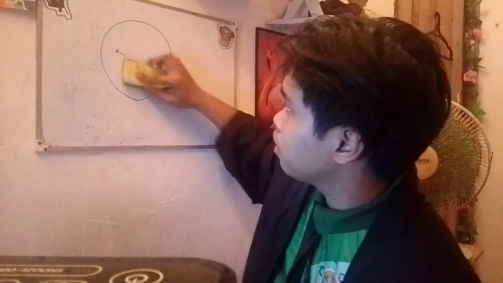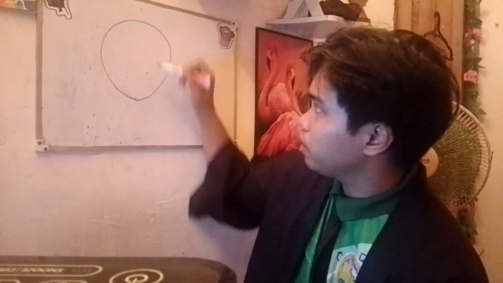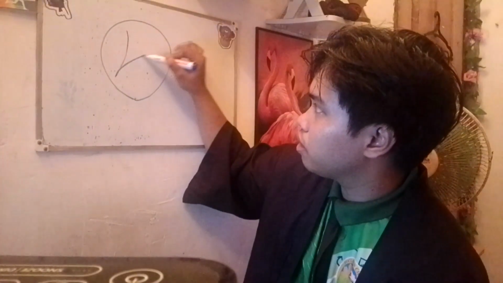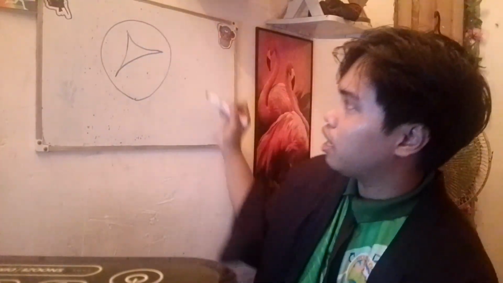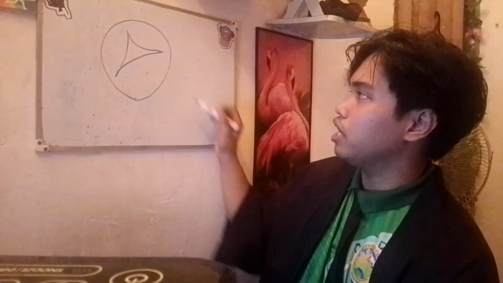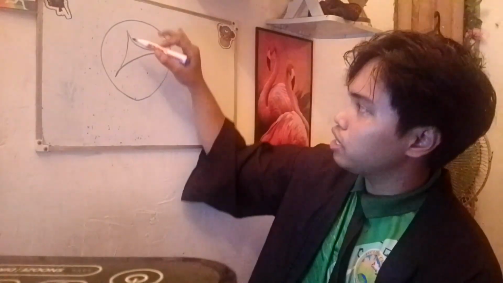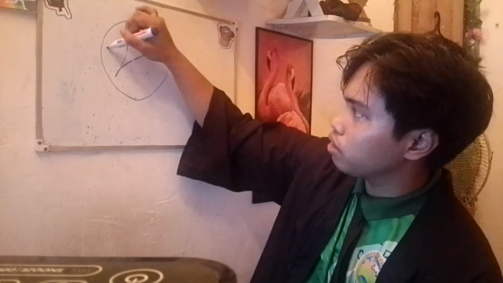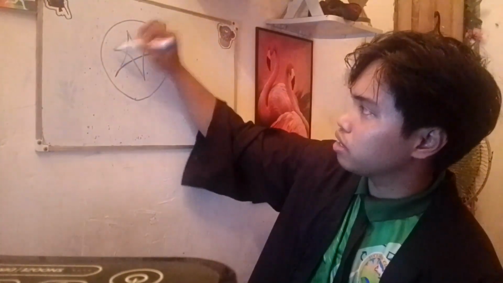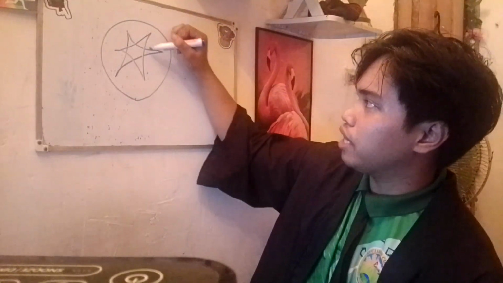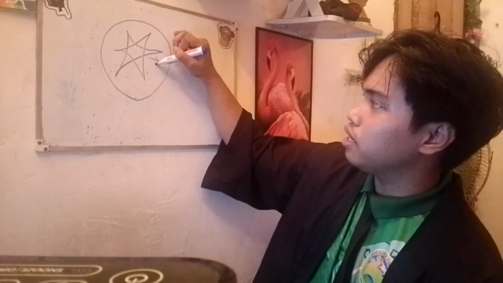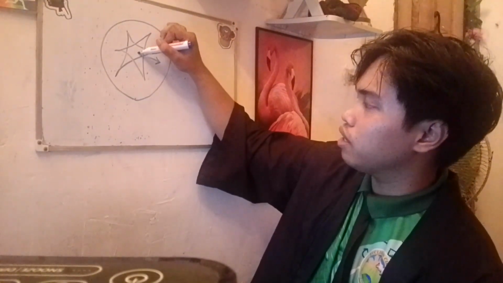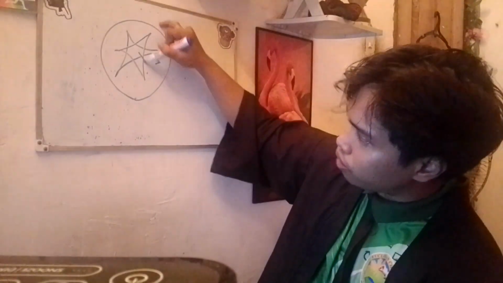So if we have a hyperbolic triangle here and we rotate that, it's going to look like this. If we move that here, it's going to look like this.